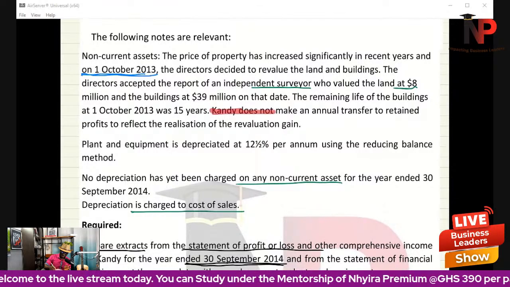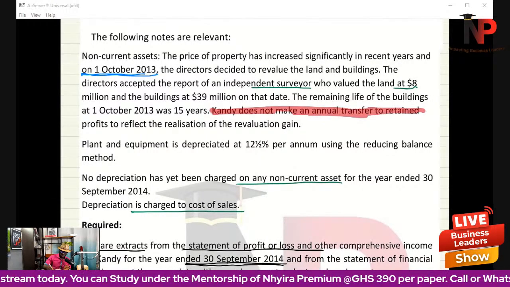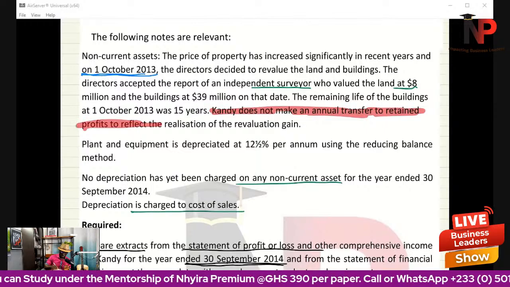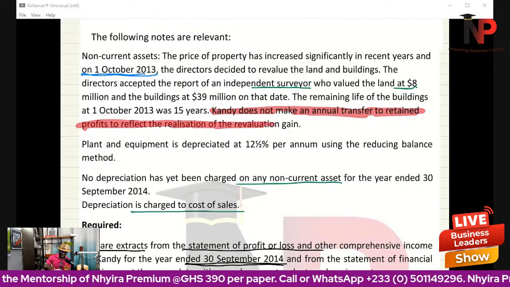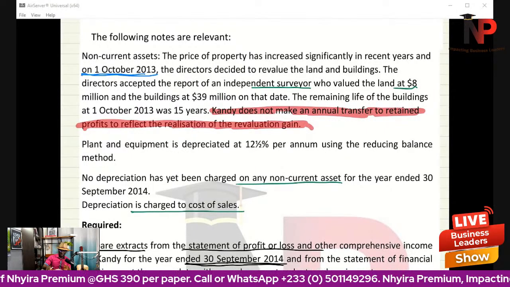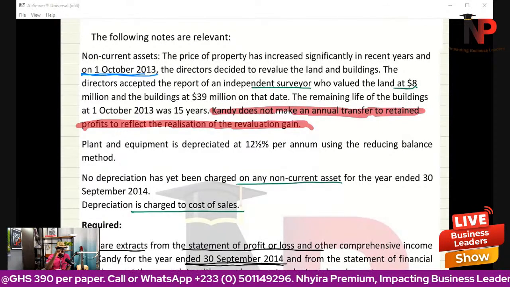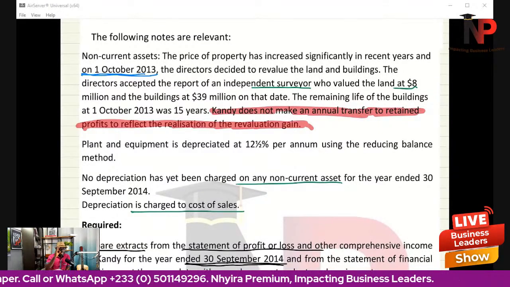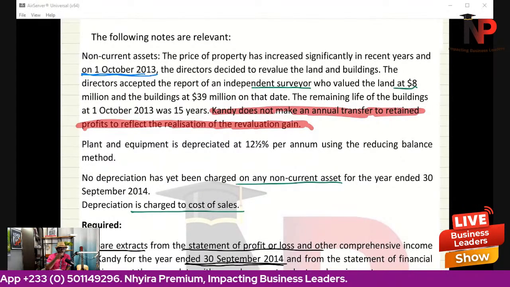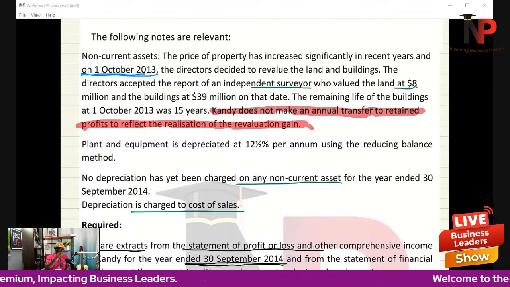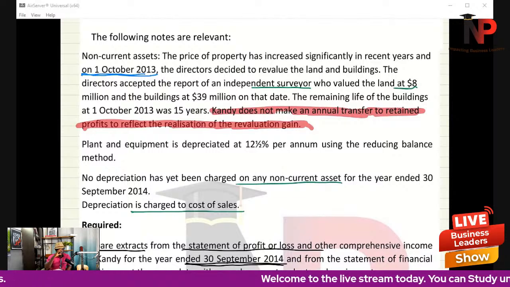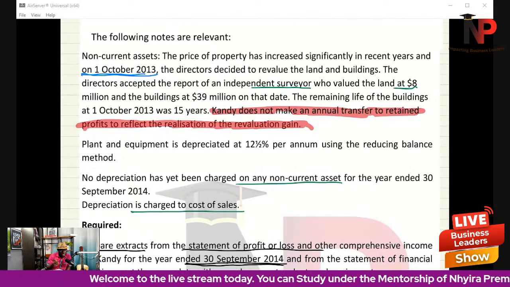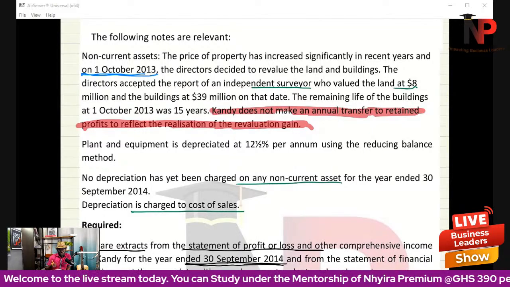What you see here in the wine color or whatever that color is: Candy does not make annual transfer to retained earnings to reflect the realization on the revaluation gain. Now, assuming they make transfer, then the calculation would have been different.